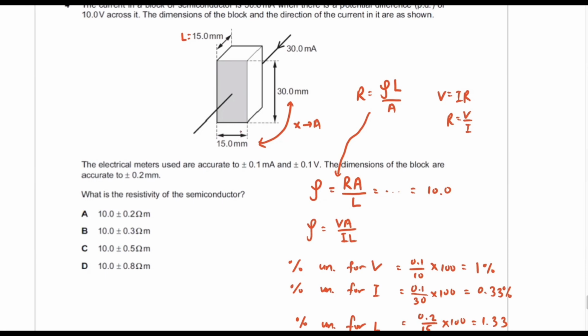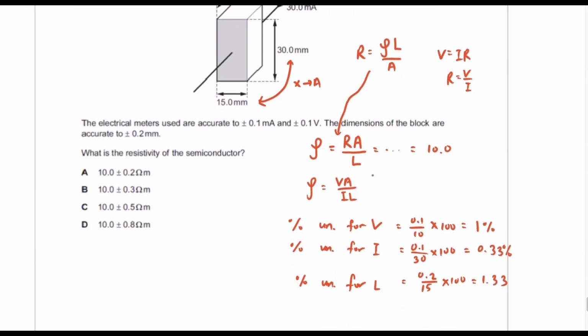For the area, you know the area is just base times height. So let's say I further modify the formula, changing the area to base times height, over L. Percentage uncertainty for the base is 0.2 over 15 times 100, which is 1.33.